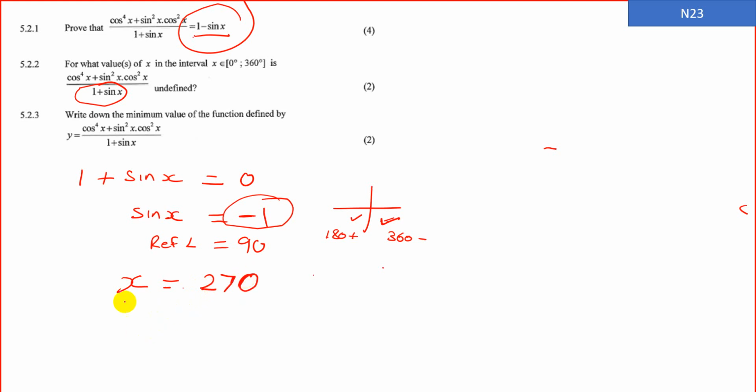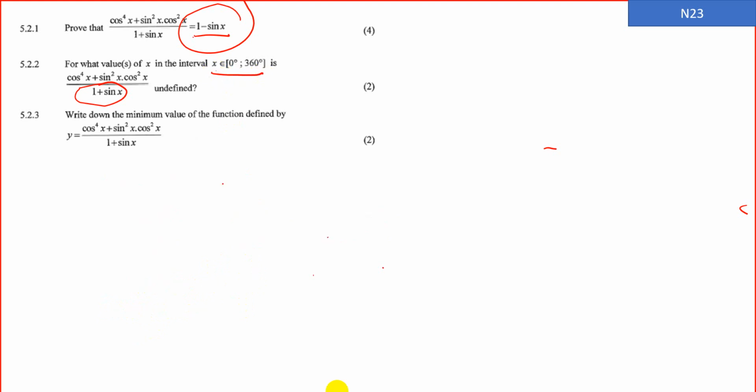Okay, and there we have our x to be 270 degrees, which satisfies the domain of 0 to 360. The last question, 5.2.3, that we want to focus on now says write down the minimum value of the function defined by y is equal to the entire expression.